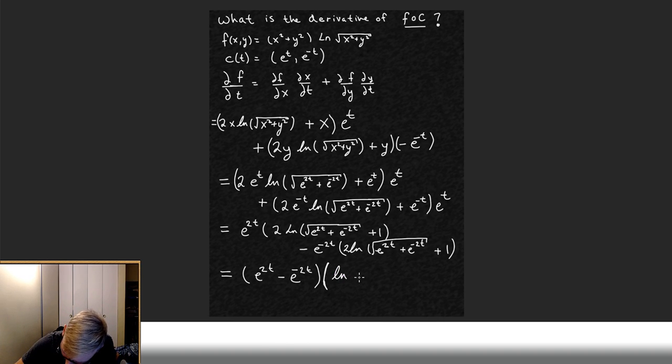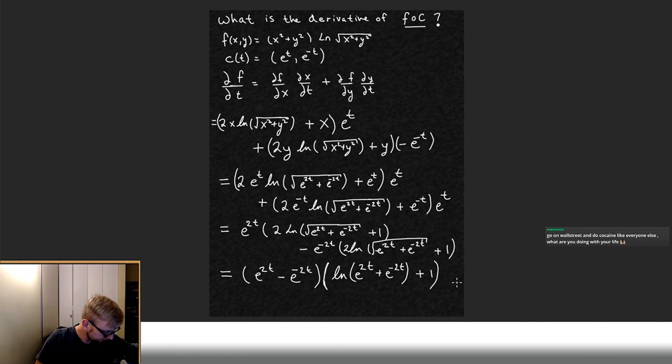The log of e to the 2t plus e to the minus 2t. I was missing this 1 on my notes for some reason. Plus 1. Done. There we go. That's better.